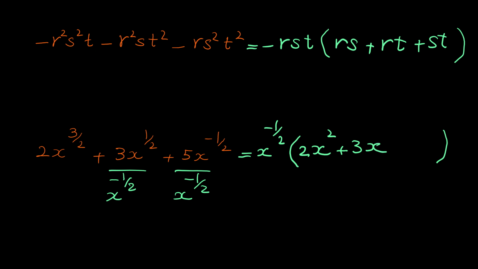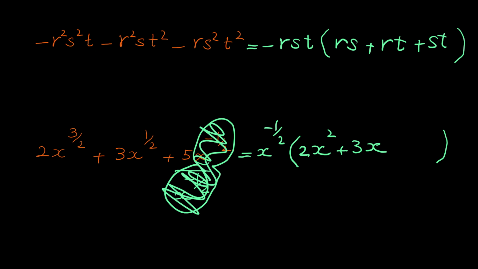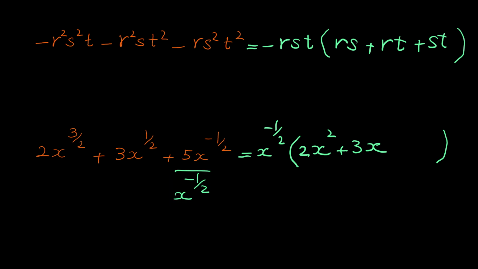And for the last term, when we divide x to the negative 1/2 by x to the negative 1/2, this cancels and we have a 5. So plus 5. Because the powers are the same, the terms completely cancel. Or if you subtract the powers, you would get the same answer. Negative 1/2 from the top minus negative 1/2.